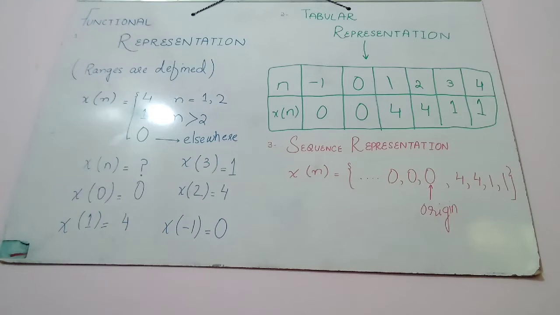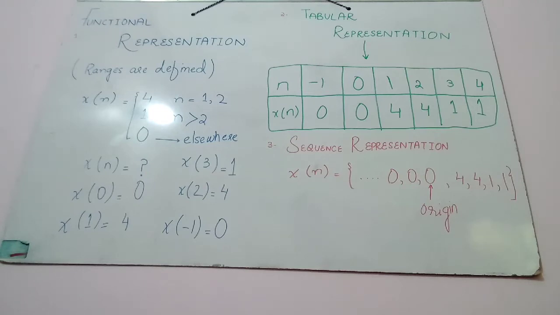For n equal to 1, x[n] is equal to 4. Why? Because for every value of n equal to 1 or 2, the answer is 4. For the last column, the value of n is 4.